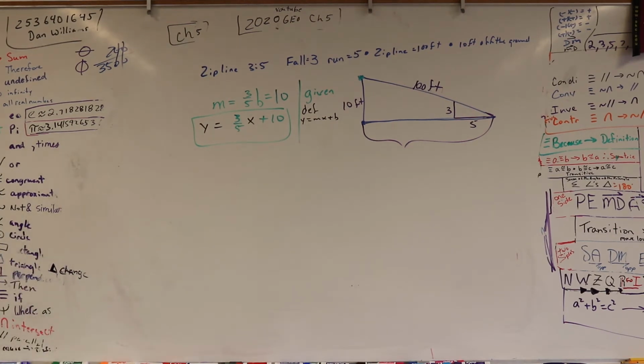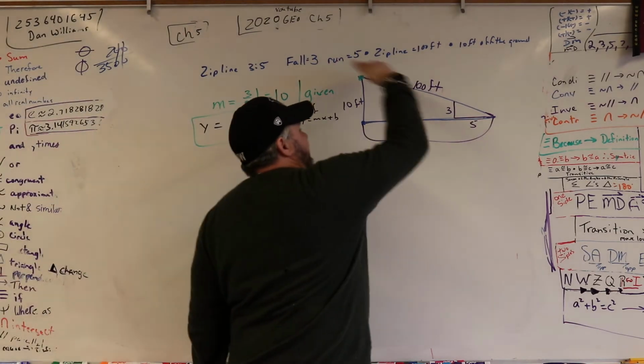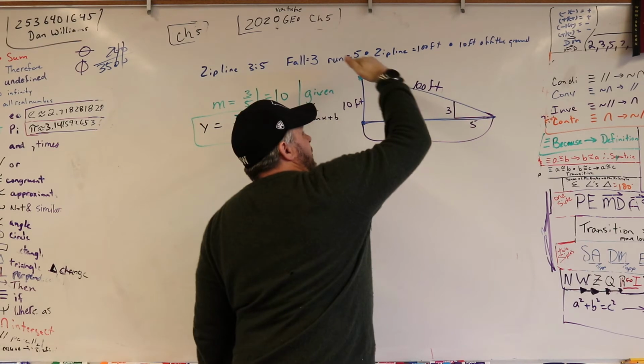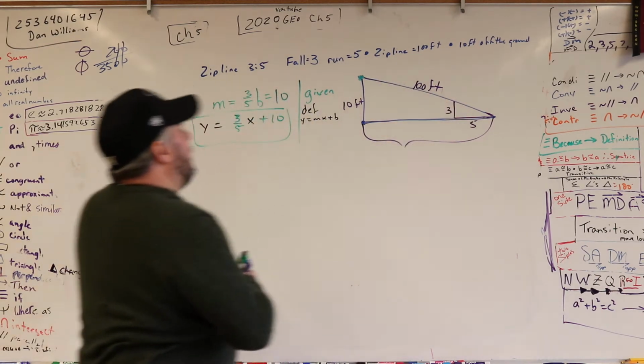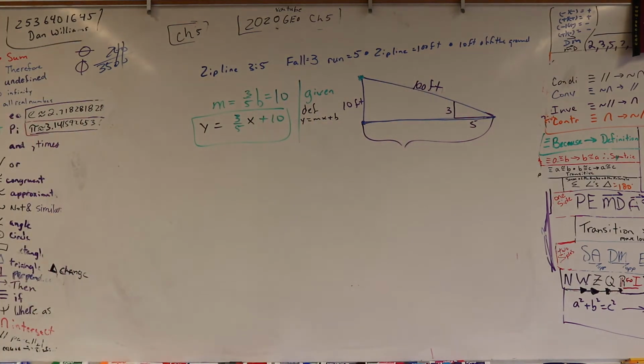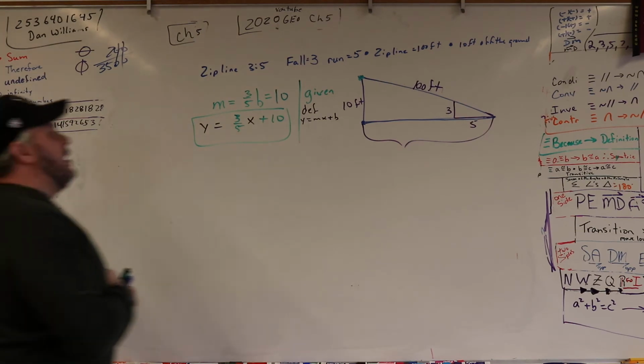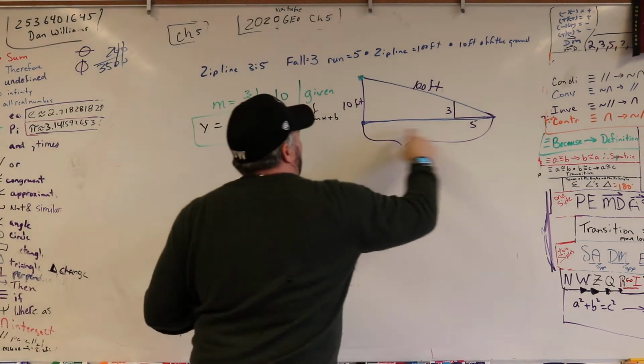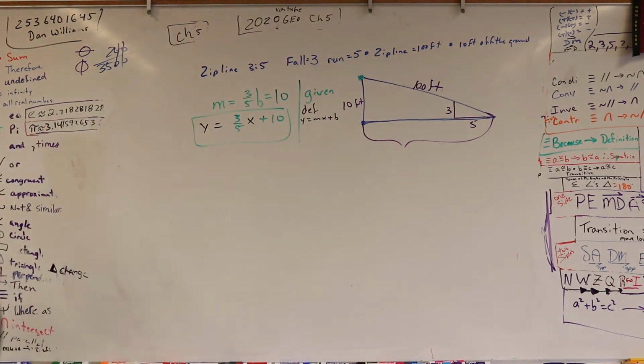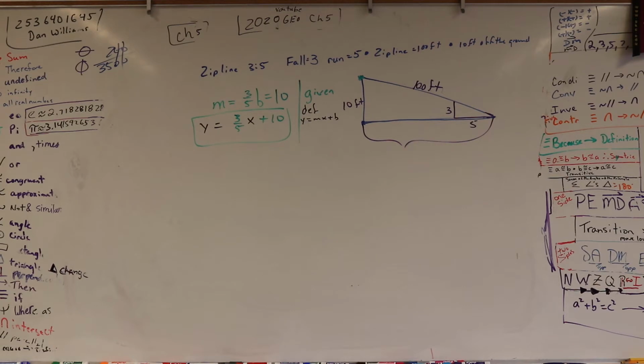Then they say, how high up does the zip line need to be attached? What they're saying there is, if this is your zip line, and you have 100 feet of zip line, and it's 10 feet off the ground, is that going to work?